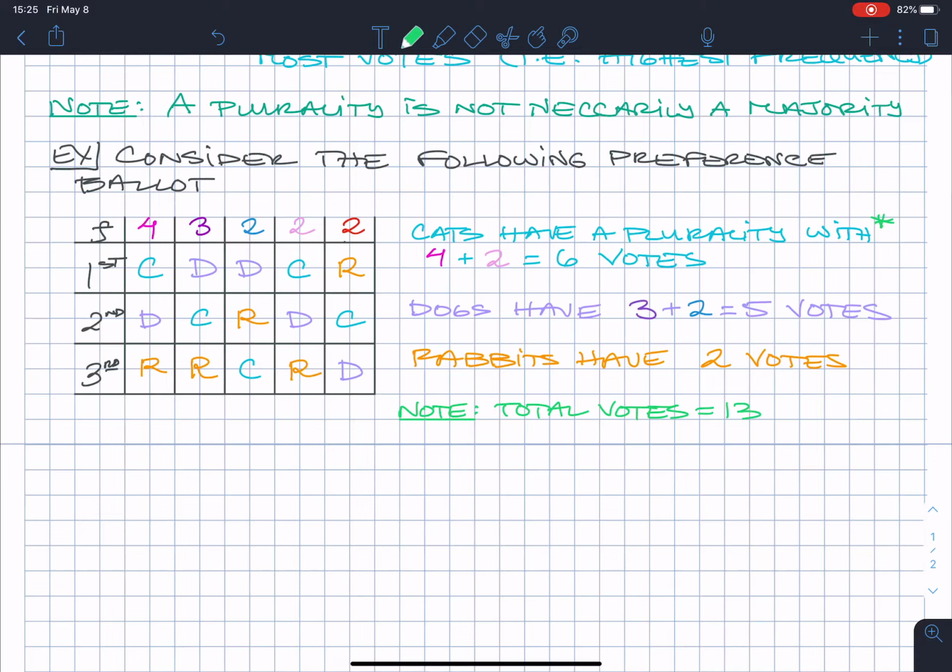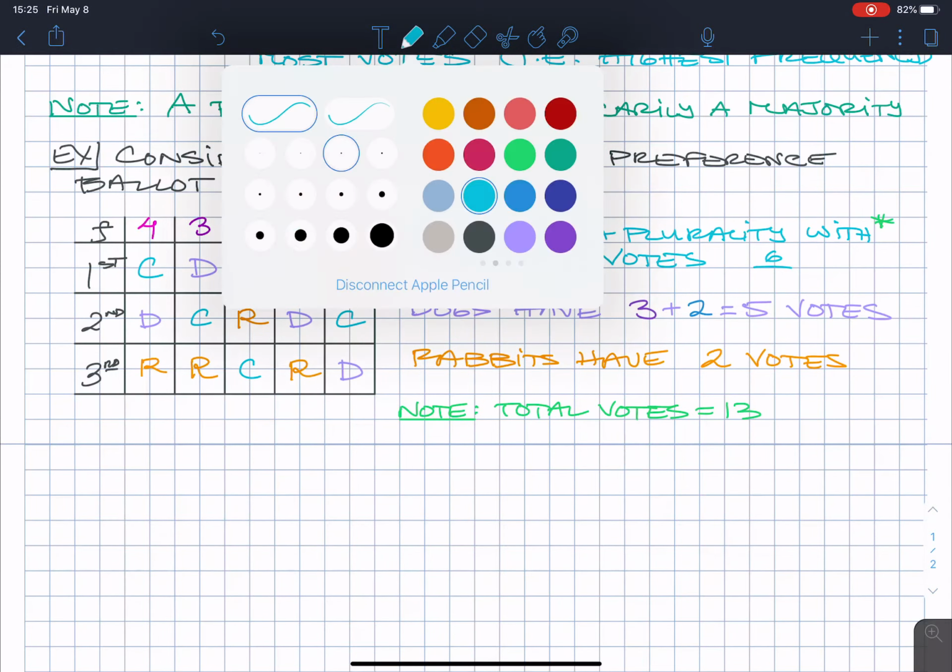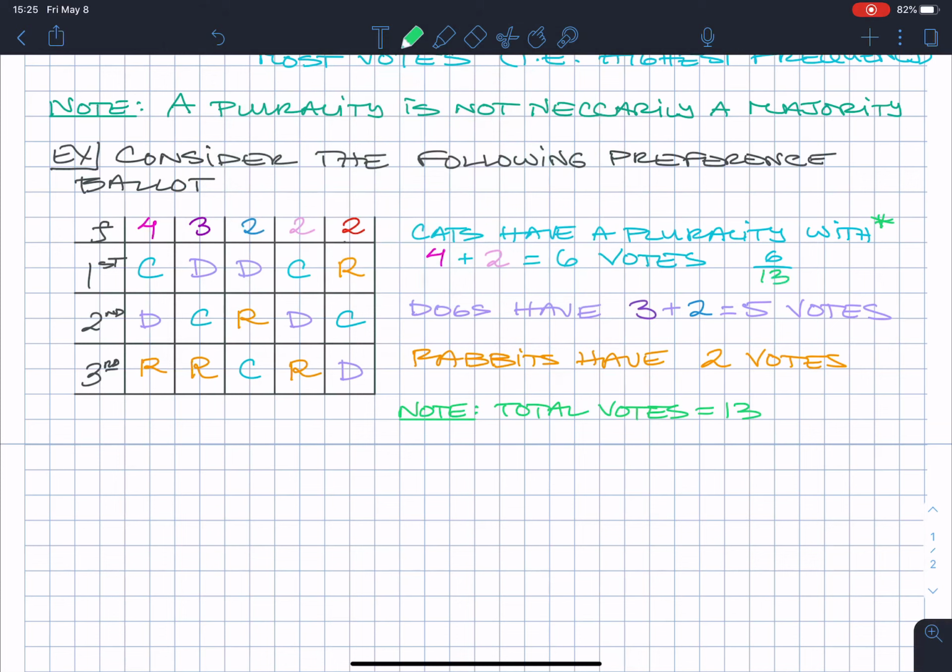What's interesting is 6 out of 13 is less than 50%. So it's not a majority. I'm sorry, I spoke incorrectly. Cats have the most votes, so it is a plurality. It's not a majority. Okay, so hopefully that makes sense.